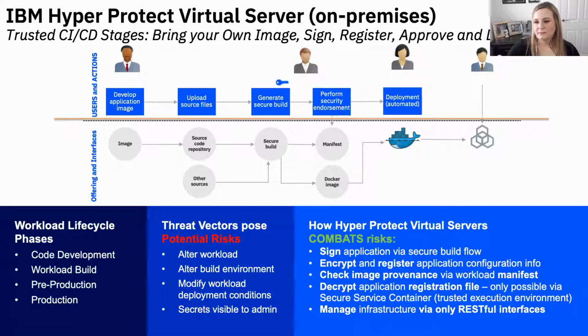And once we know that it's there and we have access to it, we can then deploy that through automation. But we are going to look at a manifest to do that, and not just say, oh, we want version 1.3.7. We're going to look for a very specific hash for which image we want. And this is all going to be done through RESTful interfaces.